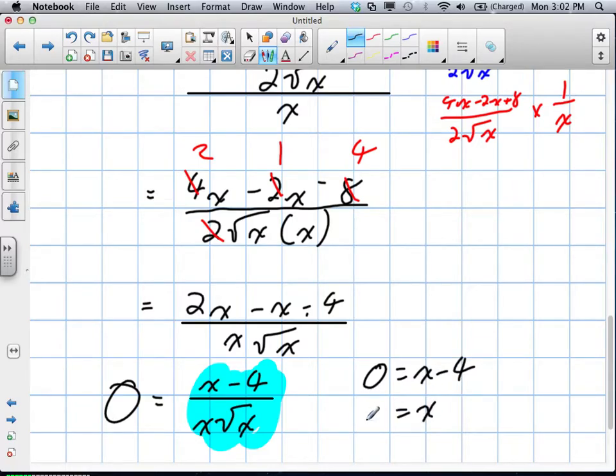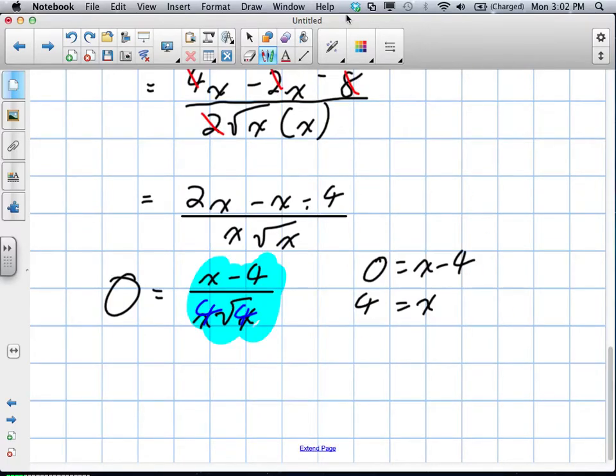When x is equal to 4, this equation should be 0. We should double check that if we plug 4 in the bottom, it doesn't become indeterminate. 4 times root 4 is 8, so it works out perfectly. So this function will be horizontal, or the tangent slope will be 0, when x is equal to 4.